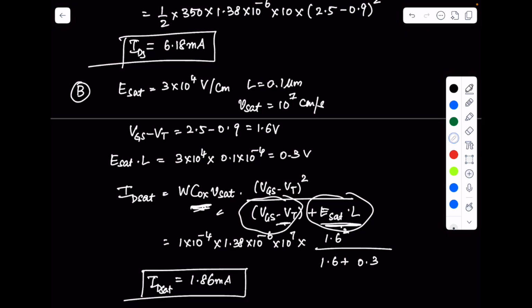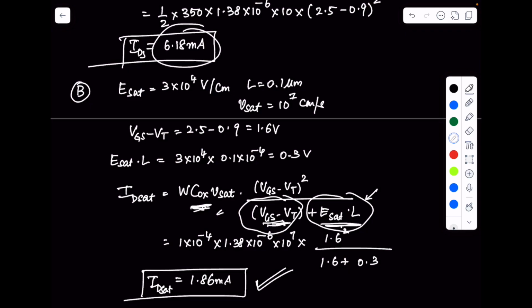So the impact of saturation velocity is determined by comparing the overdrive to ESAT L, and in this case roughly they're of the same order. So you expect your measured silicon to look closer to this 1.86 milliamp rather than this very high value of 6.18 milliamp.